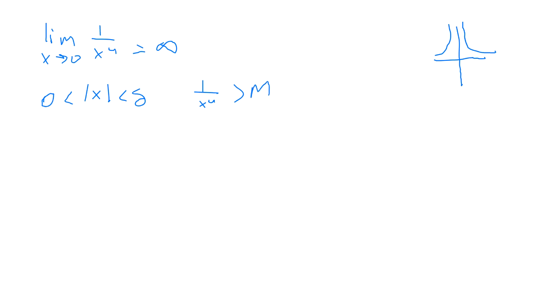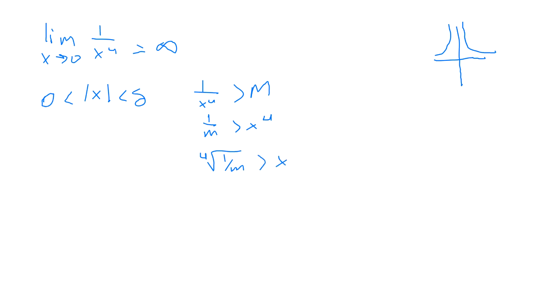So we can play around with this and say, let's move things to the other side to where we get 1 over m is greater than x to the 4th. Well, we can move that further and say that we get the 4th root of 1 over m is greater than x.